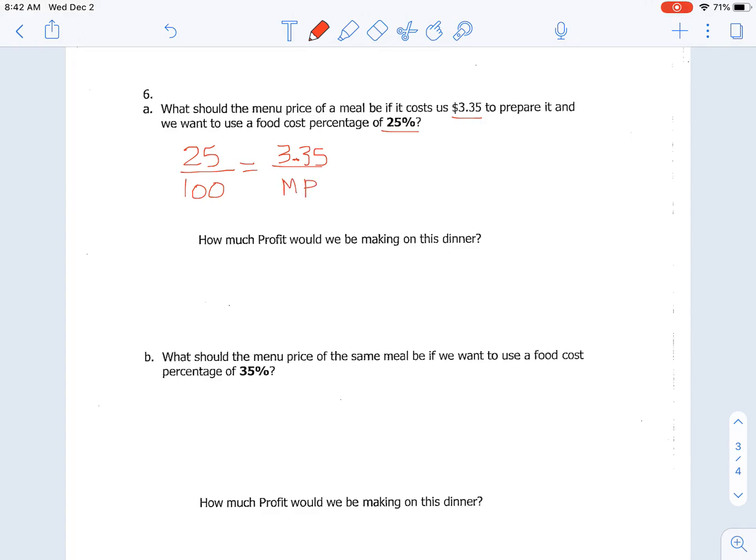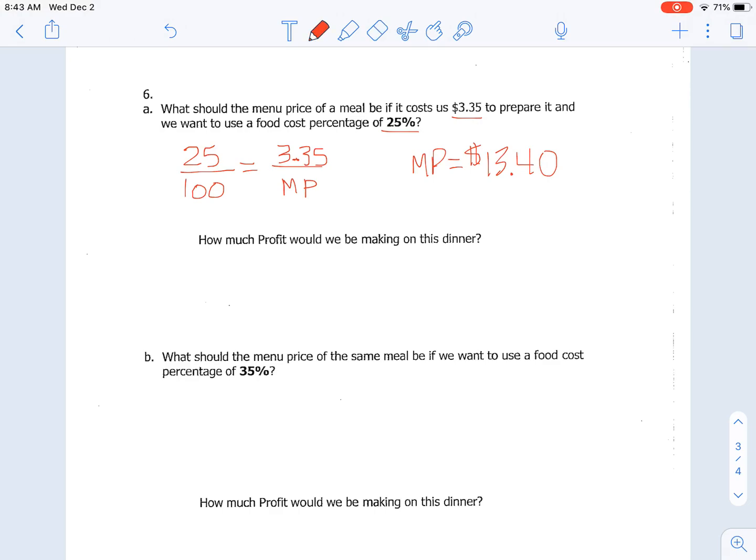What is the menu price? If I cross multiply and then divide, I get a menu price of $13.40. Again, what food cost means, this 25% means that 25% of the menu price is going toward paying for the food to make it, the raw ingredients in order to make it.